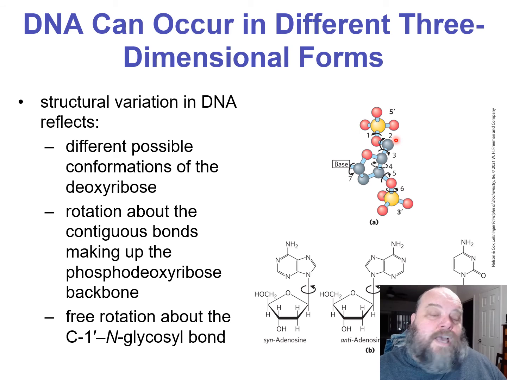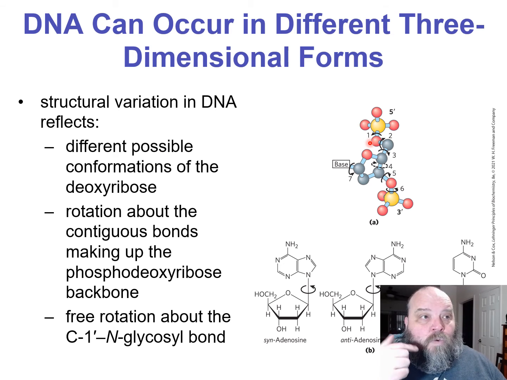But, as we've seen in all the other chapters, there's the textbook perfect, and then there's real world. Turns out the deoxyribose in DNA has some different configurations, because remember, as we talked about in the last chapter, with the sugars, all the carbons in the sugar can act as chiral centers.